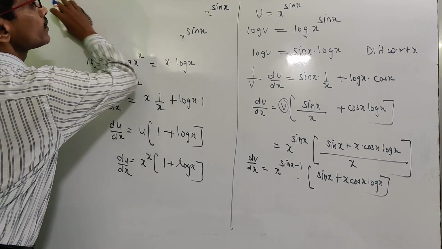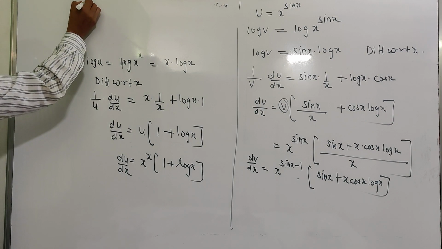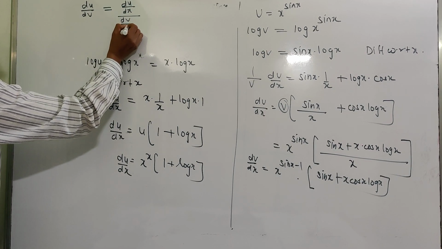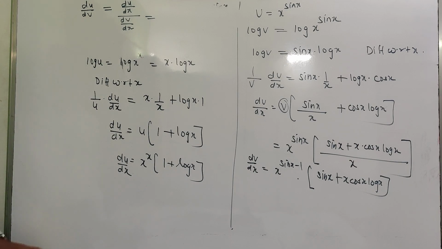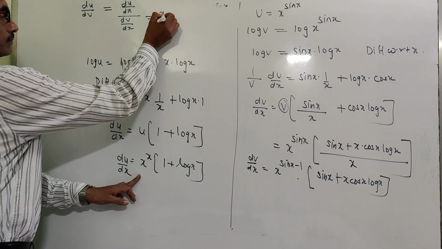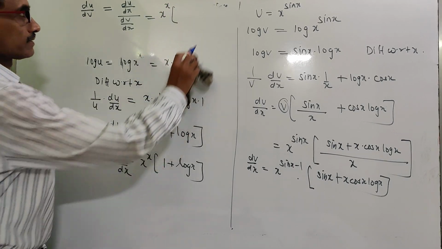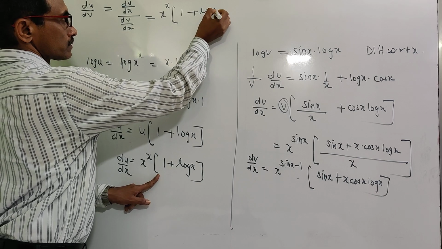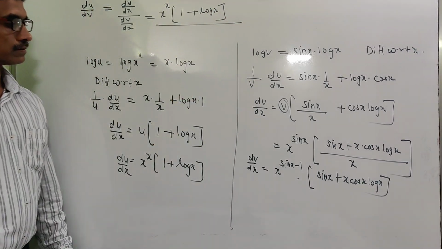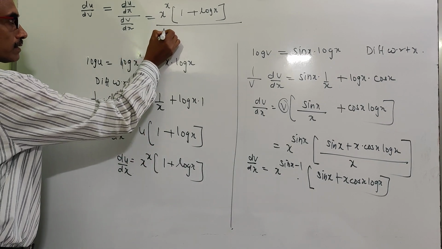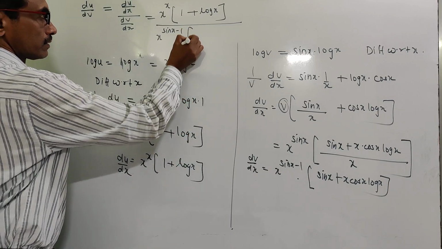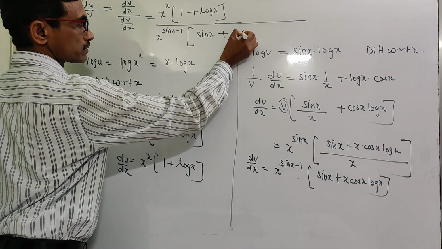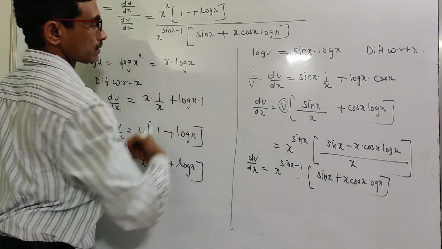So du by dv is du by dx upon dv by dx, which is x raised to power x into 1 plus log x upon dv by dx, which is x raised to power sin x minus 1 into sin x plus x cos x into log of x. Further we can simplify it.